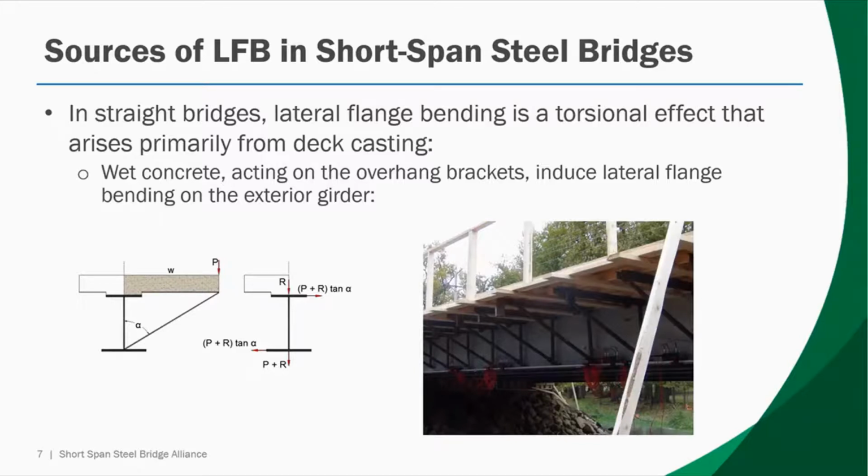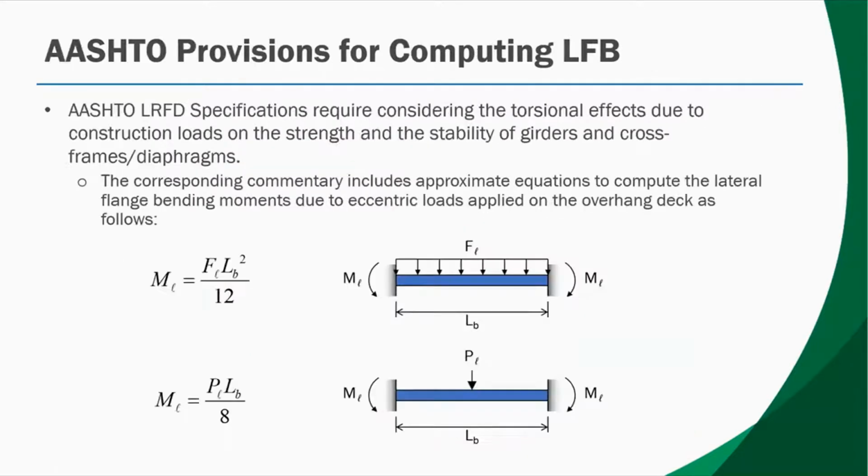What happens is that the wet concrete acting on the overhang brackets, in addition to all of the construction appurtenances as shown, can generate a torsional effect in the exterior girder that produces lateral flange bending in the exterior girder flanges.